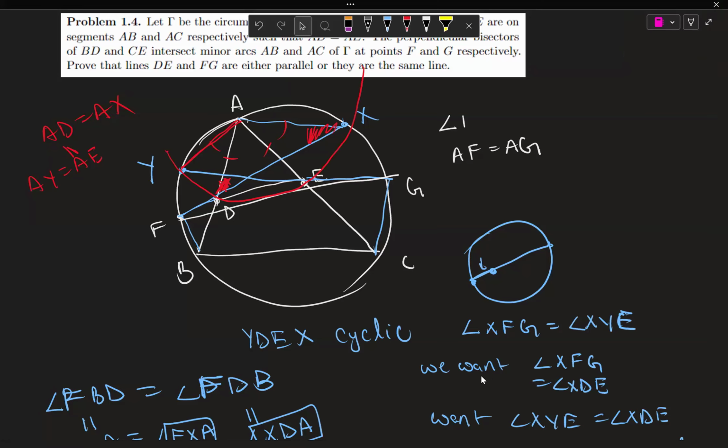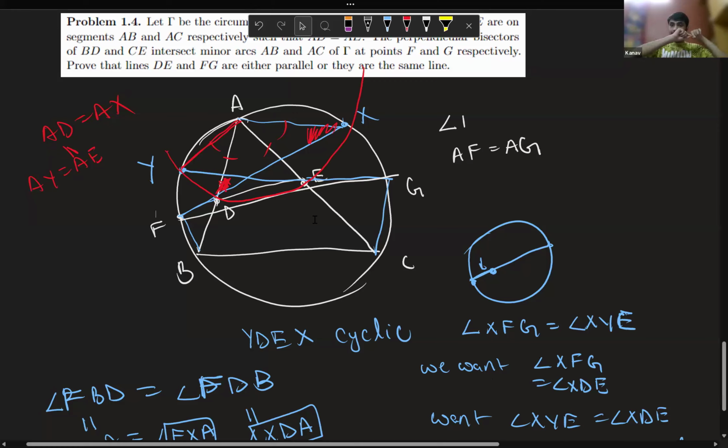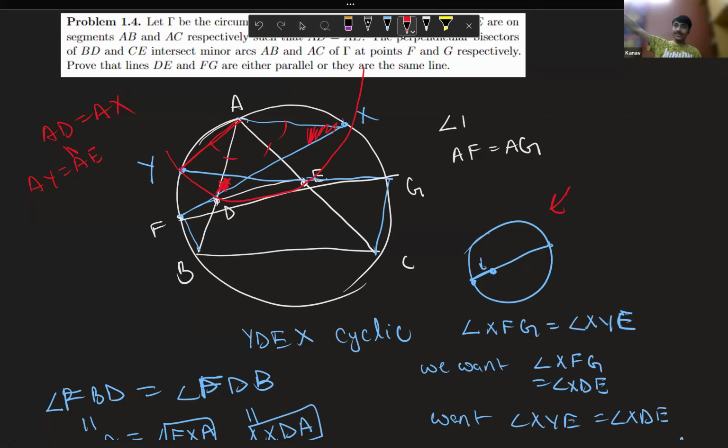So the key idea was actually making FD intersect at X, taking G and letting it intersect at Y. This is super useful. If you have a segment or a nice circle, one point on it, just extend it.